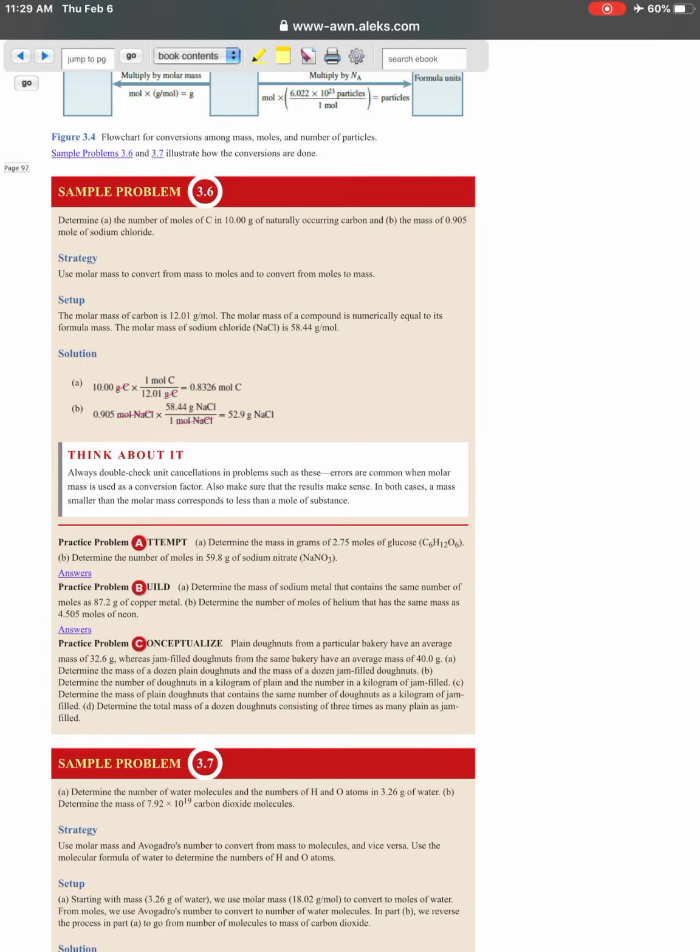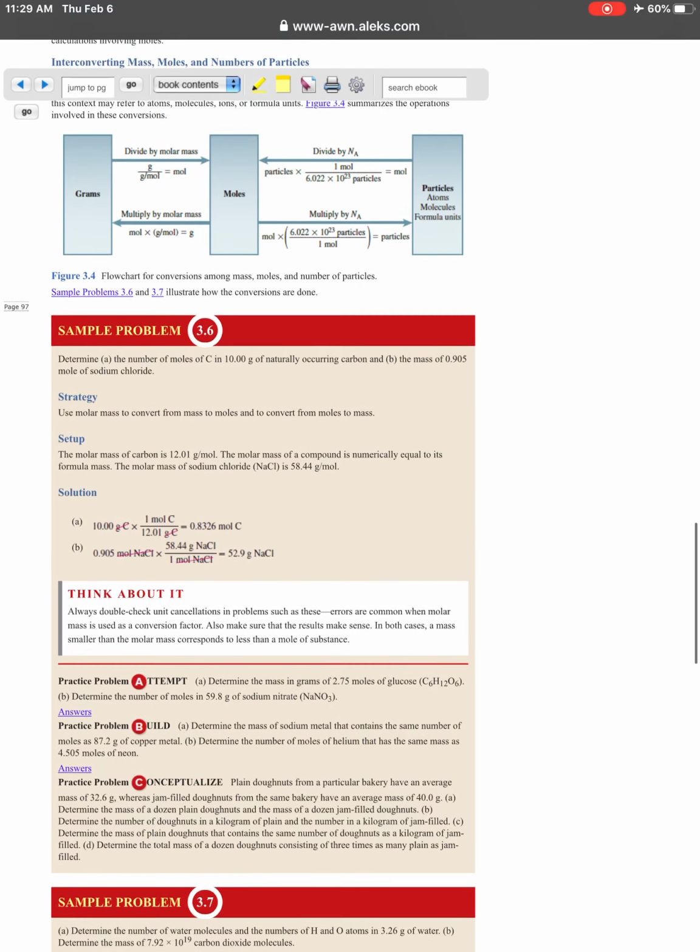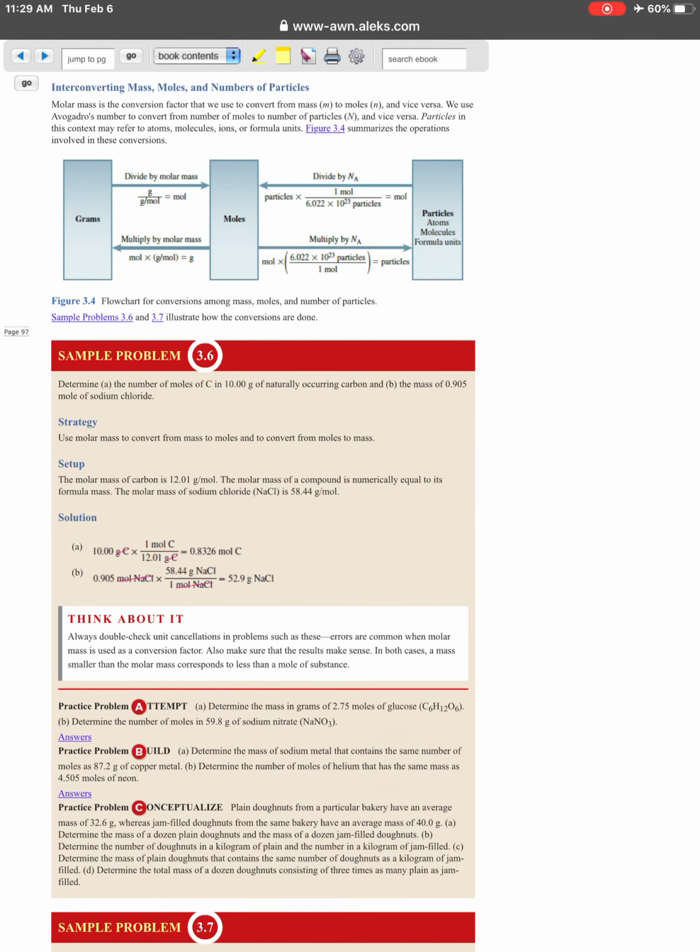So here's the strategy and the solution. You take the mass, 10 grams, that's given. Notice I'm not saying 10.00 just to save a little bit of time in words. 10 grams of carbon divided by 12.01 grams of carbon will give you the number of moles of carbon, 0.8326. That's coming from this chart.